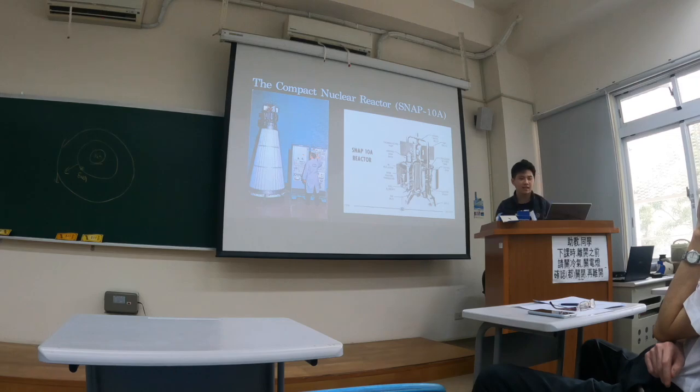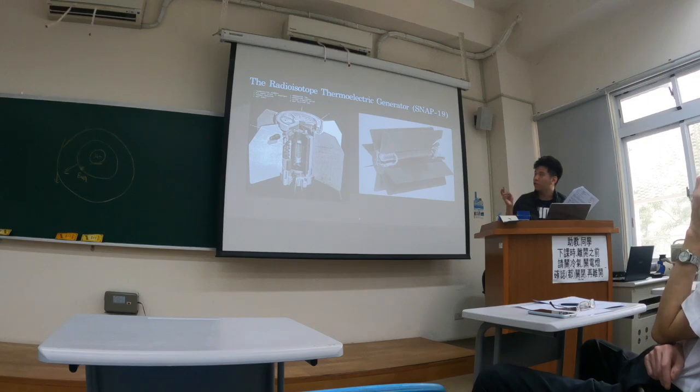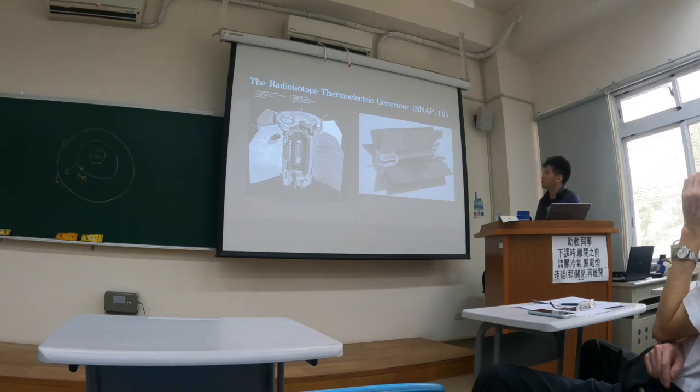One is SNAP A, which is most like the modern MMR design. I will introduce the MMR in chapter 2, as they are a bit different. The other type is the RTG, radioisotope thermoelectric generator.